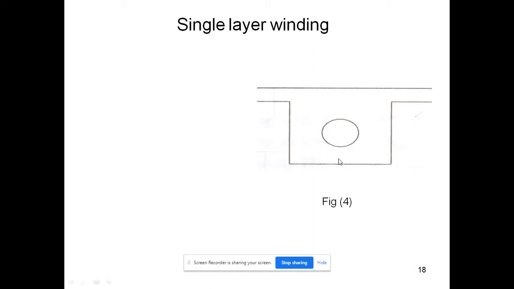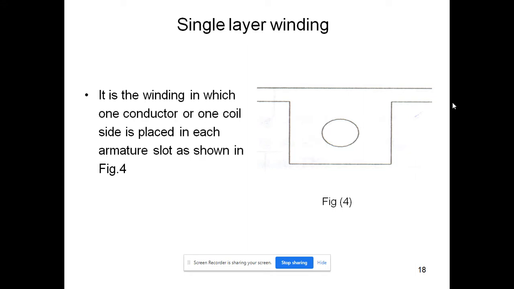You can see in figure 4, this circle shape is the conductor, and this is the slot of the armature. Let us read this out.